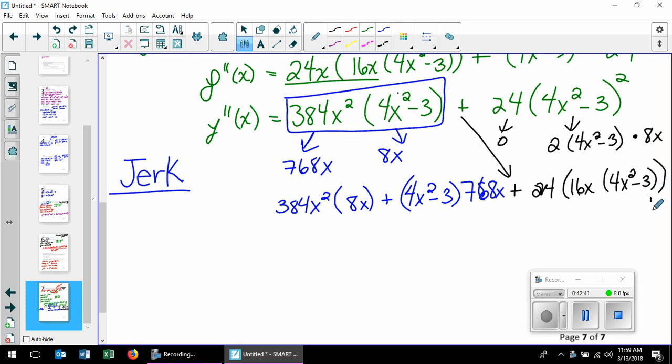And then that's going to be plus the second function, 4x squared, times the derivative of the first one. What happens to that? It goes away, right? Like it's just 0. I'm just going to clean some stuff up because we're going to make it look nice.